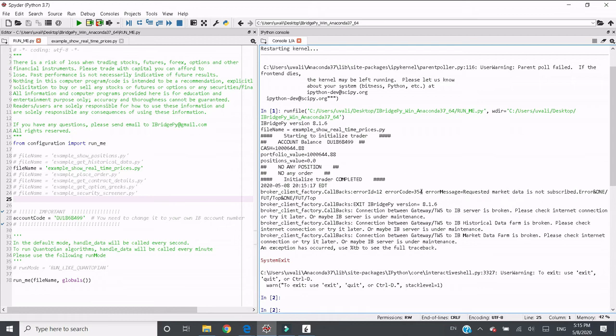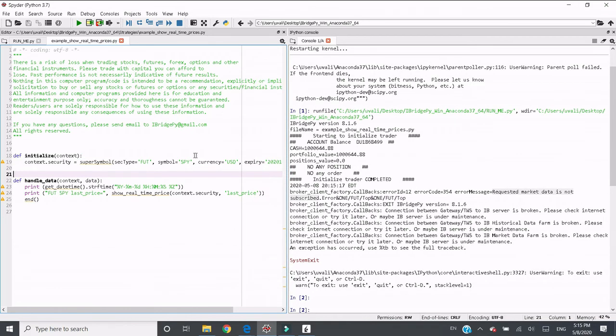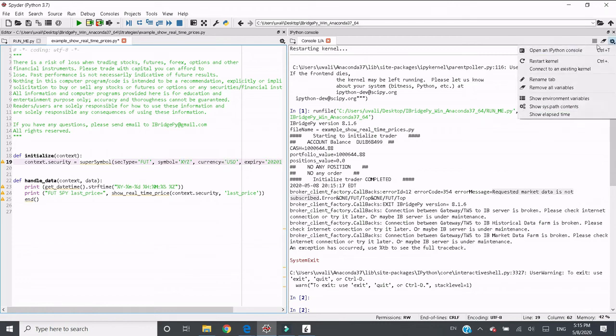That's why it says market data is not subscribed. But when you see this error message, it means your definition of superSymbol is correct. If you didn't put it correctly, for example, you put XYZ there, the error message will be different.